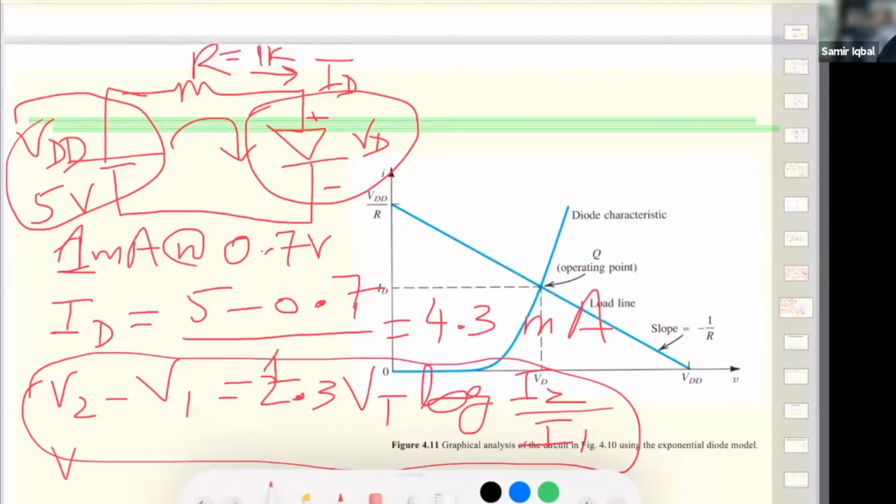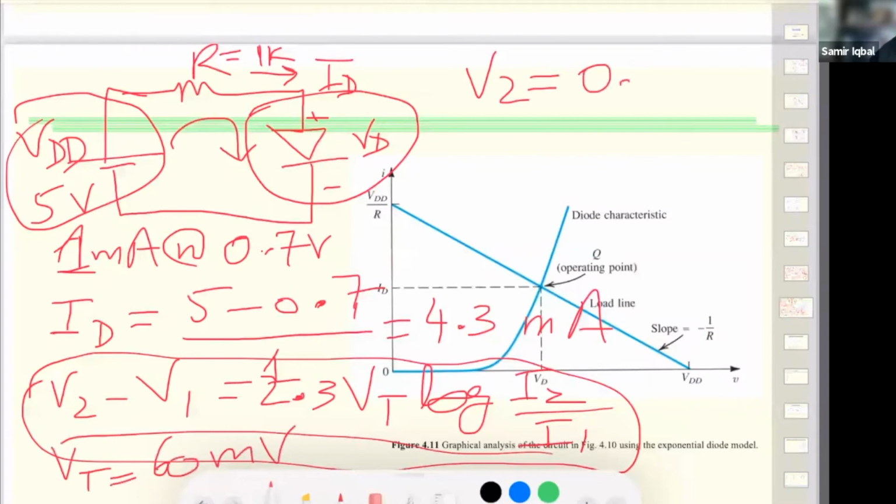And Vt, we know, is 60 millivolt. From this, I can find V2, and all I'm doing is bringing V1 to the other side, and I find that this would be 0.738 volt.